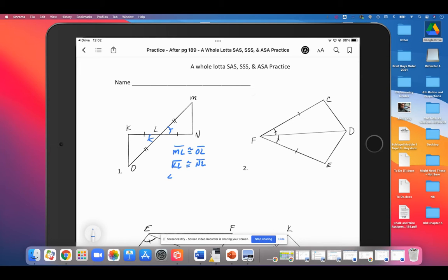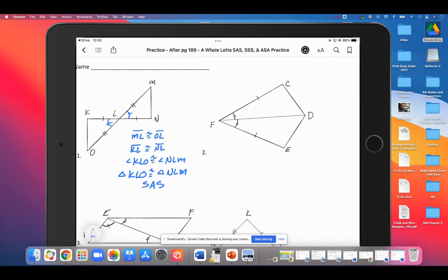So angle KLO is going to be congruent to angle NLM. And so I do have two sides with an angle trapped in the middle, and so these triangles are congruent because of side, angle, side. So I can say triangle KLO is congruent to triangle NLM because of side, angle, side.